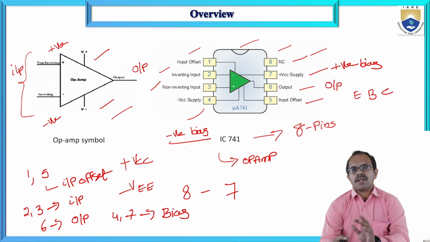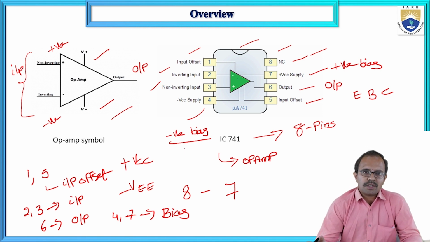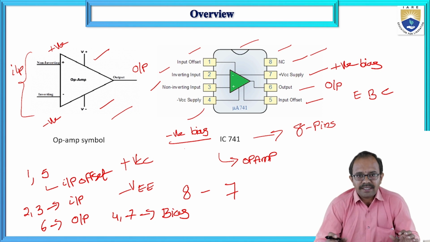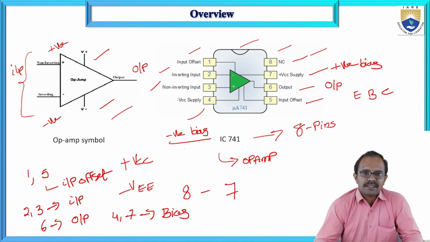That means if in the circuit you want to give the signal to the emitter, you cannot connect that to the collector terminal. You should treat them as independent terminals.